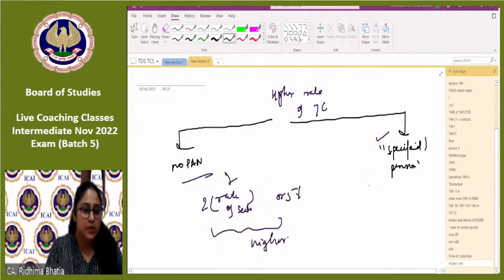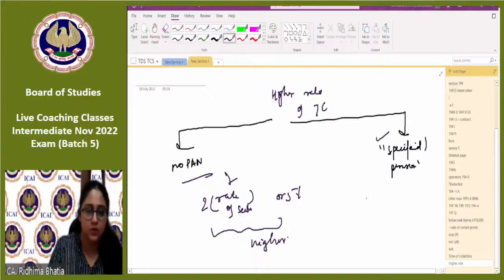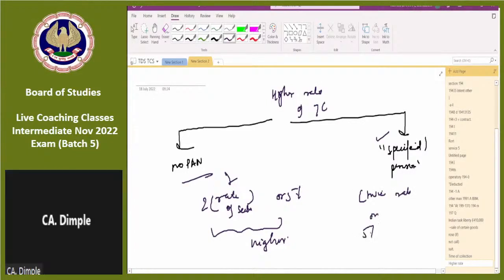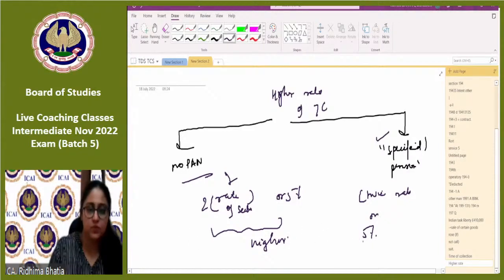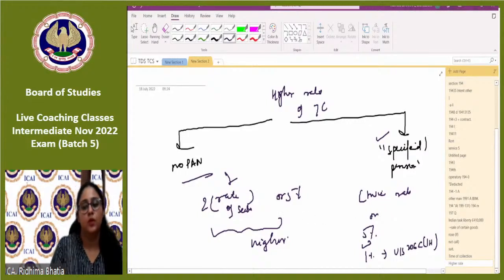Here also and here also, twice the rate or 5%, whichever is higher. But instead of 5, this would be 1% under section 206C1H. So अगर 1% होगा instead of 5 when we're talking about 206C1H, otherwise it would be twice the rate or 5%. So can I take an example here?